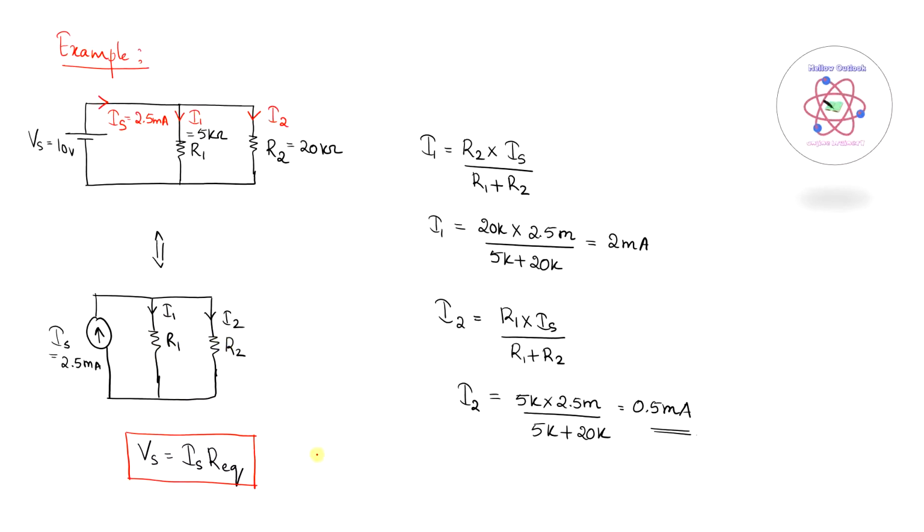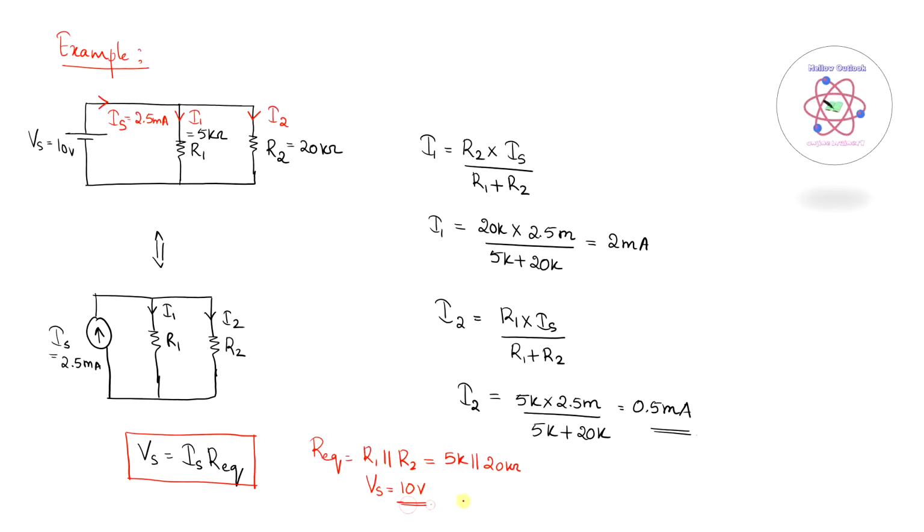So R equivalent is R1 parallel with R2. In this case, the two resistances are 5K parallel with 20 kilo ohms, and the source current is 2.5 milliamps. Just multiply 2.5 milli with this equivalent resistance, and you will get the source voltage equal to 10 volts.